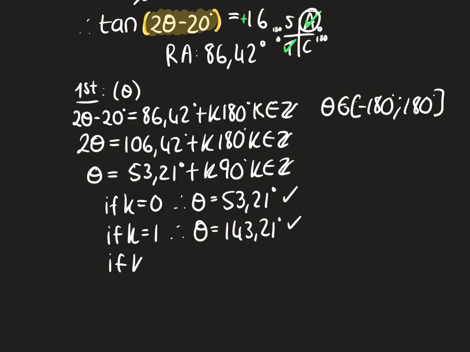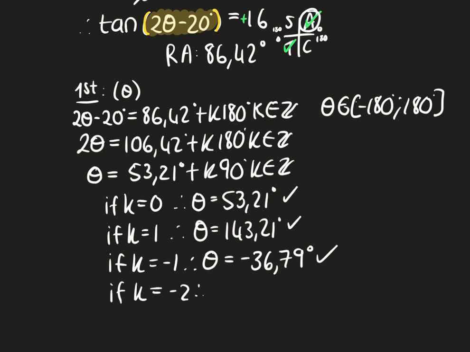The next one we can do is k is equal to -1. Let's see what happens there. So it's going to be 53.21 minus 90, minus 36.79 degrees. Does that fall within? Yes, it does. Let's try k equals -2.